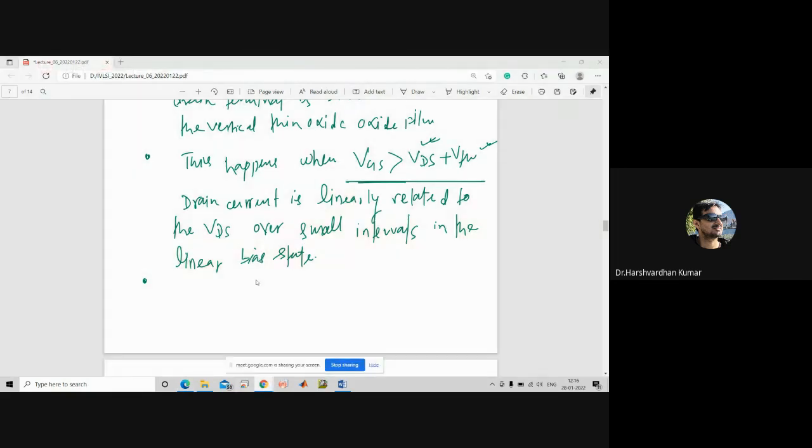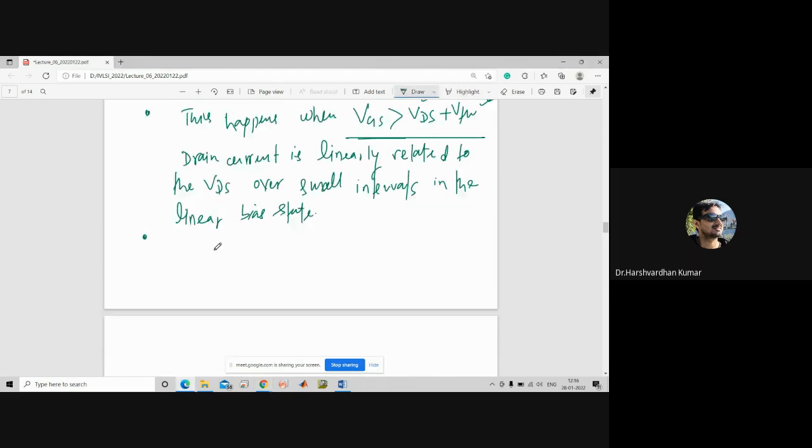So what will happen if you keep on increasing the VDS? Then what will happen to these equations? If you keep on increasing VDS, right?